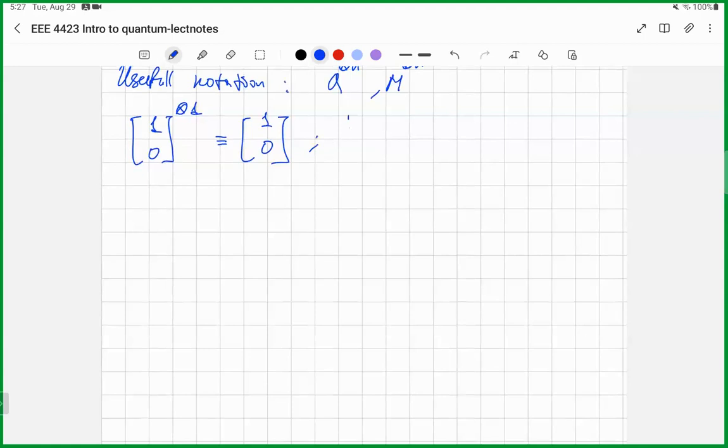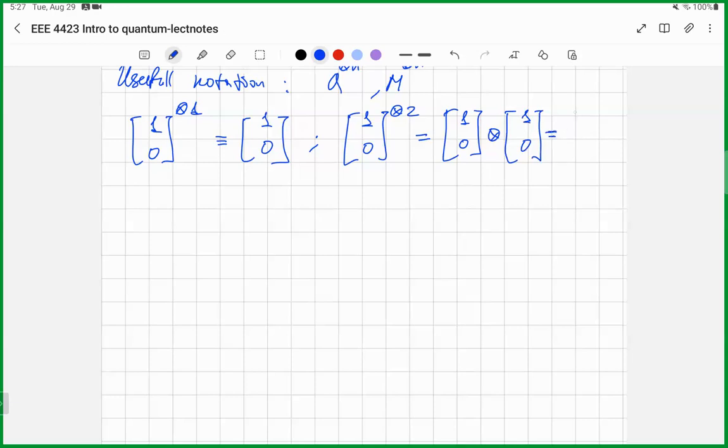But for the same vector (1, 0) to the tensor power 2, it means that we take this vector and tensor multiply it by itself, right?